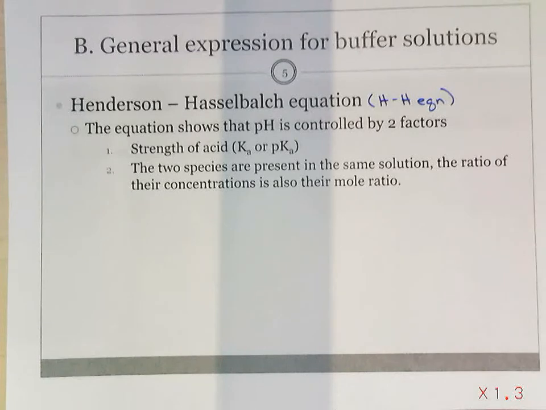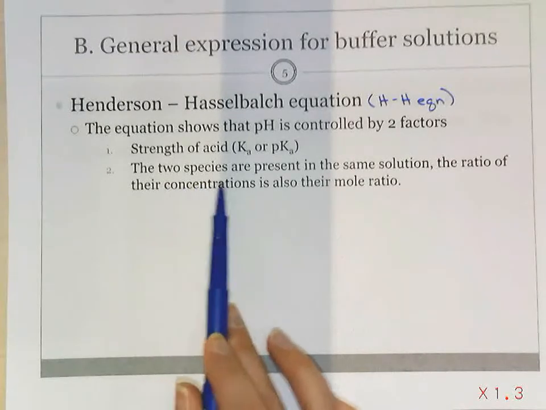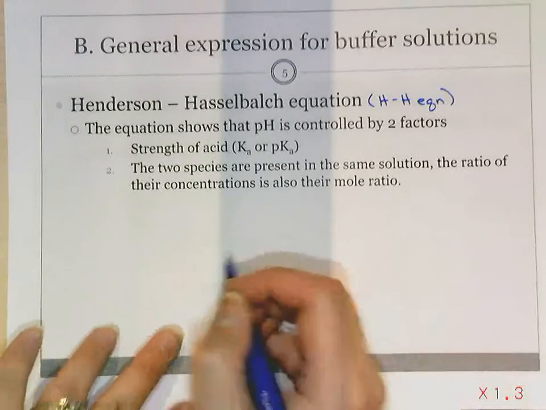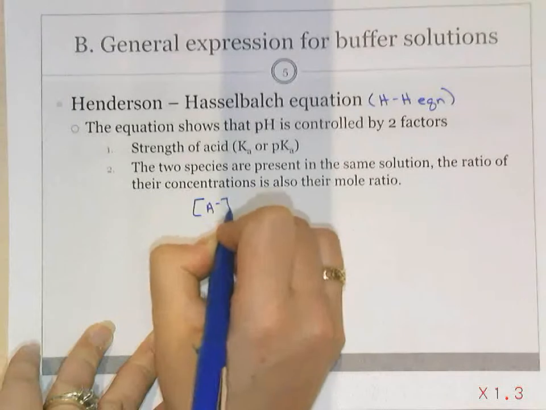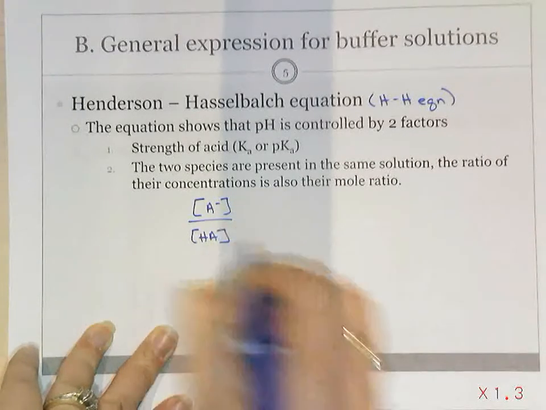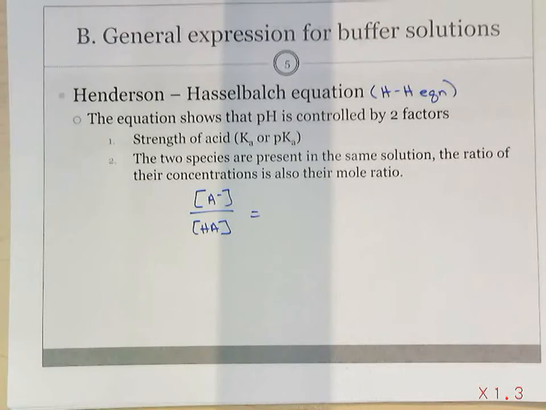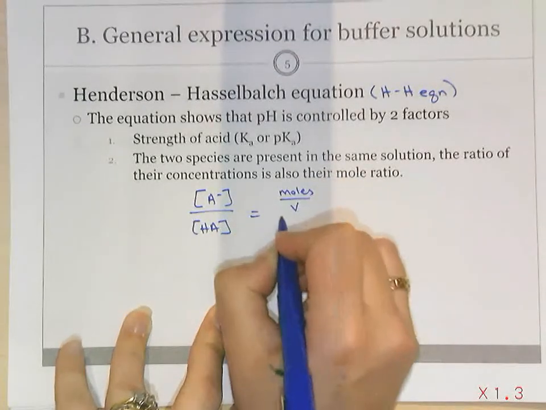The other big part is the conjugate acid-base pair, the two-species ratio. If I zoom in at just the ratio of A minus over HA, when I use those brackets, what am I actually saying in terms of units? Right, molarity, which is moles per volume. Moles per volume over moles per volume.